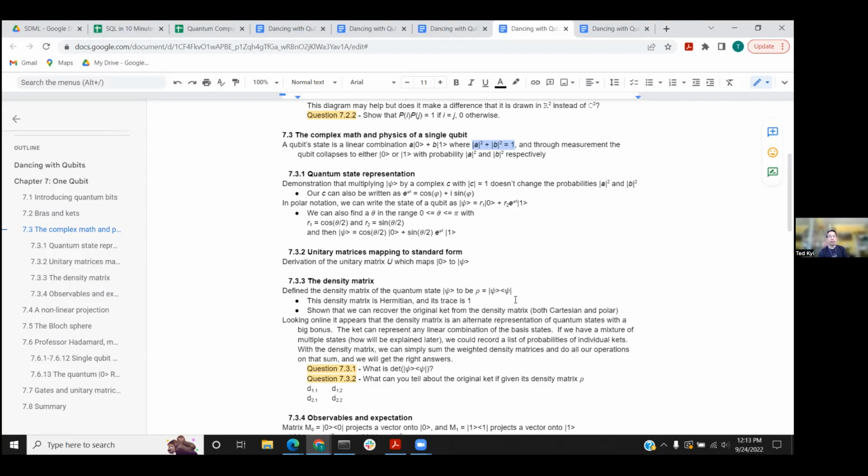Then the next thing is, if you work through the math and you say that the complex state psi is something times ket 0 plus something times ket 1, you can write them in polar notation. So R1 e to the phi I times ket 0 plus R2 e to the, I guess, phi 2 I times ket 1.